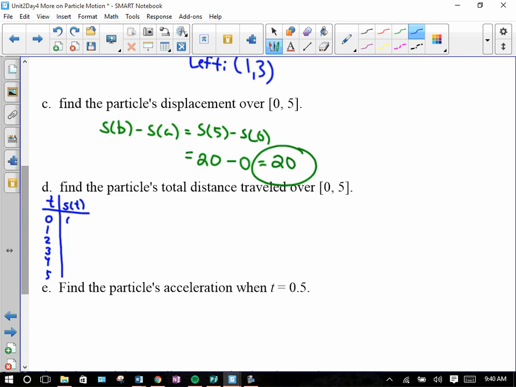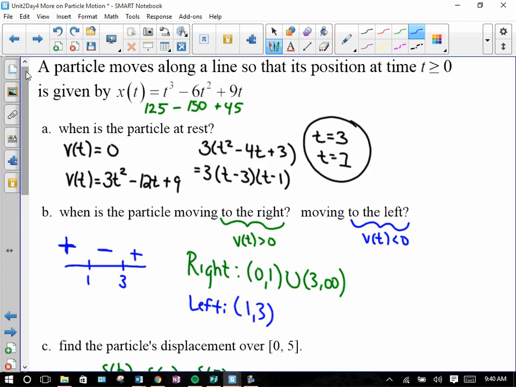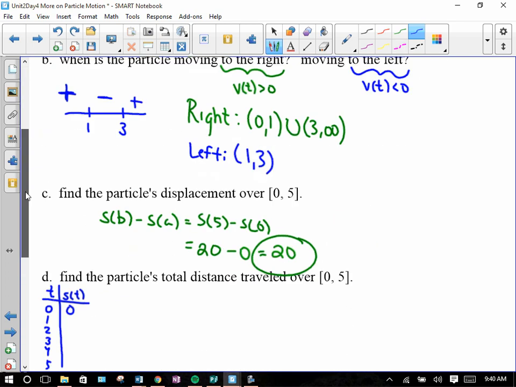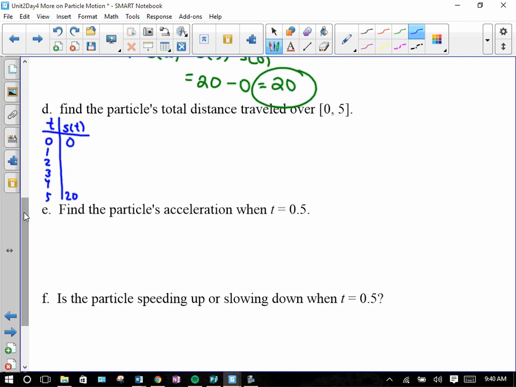We did that. Now we look at the position function, which is the initial function.